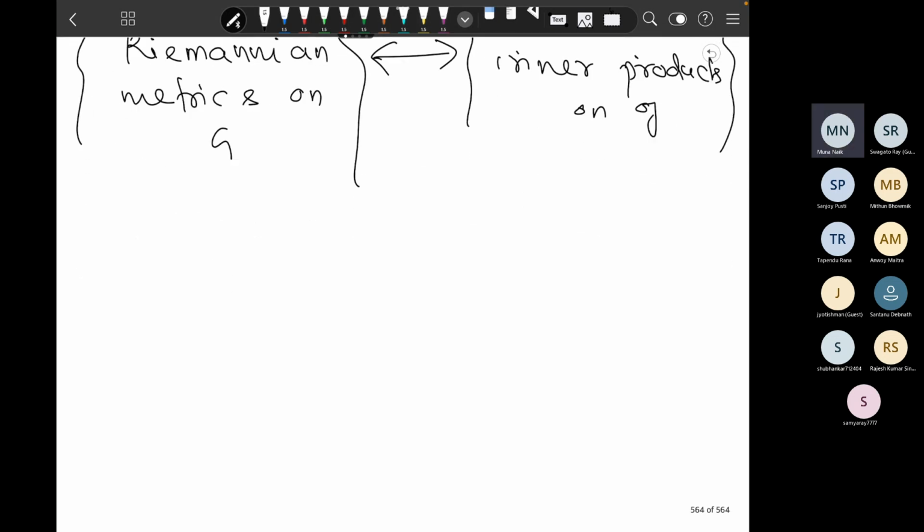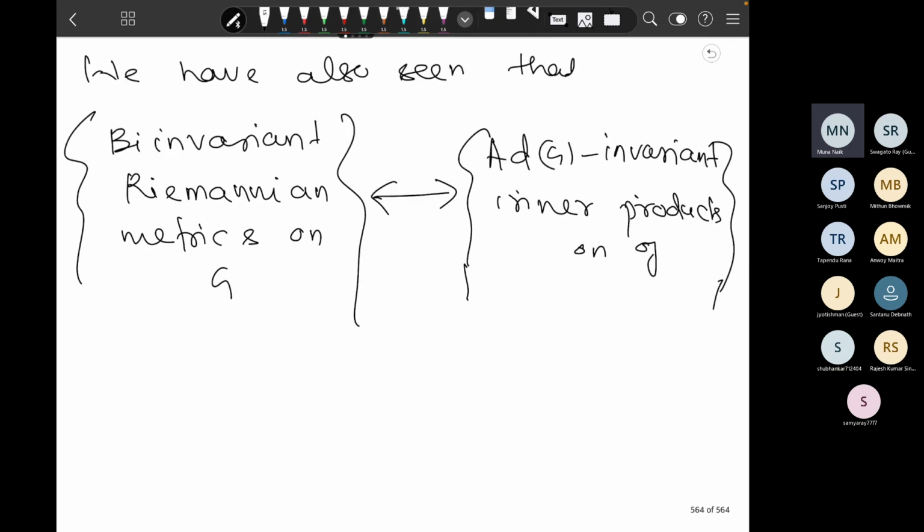So that means, how do you construct a bi-invariant Riemannian metric on G?